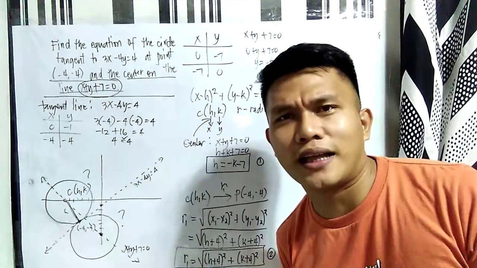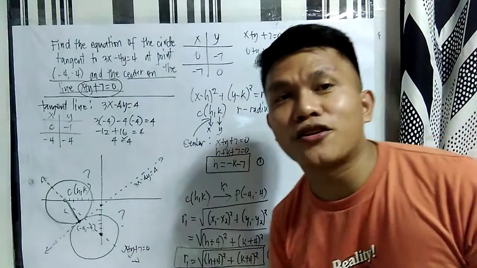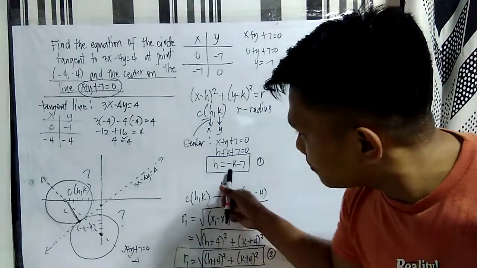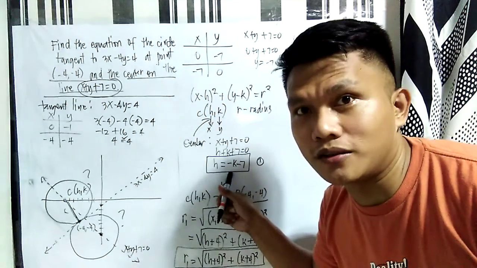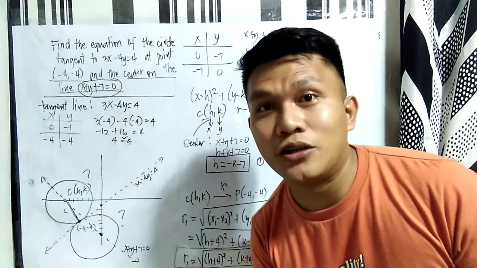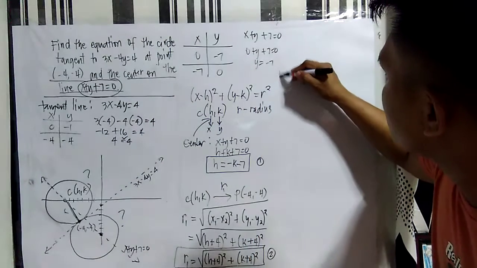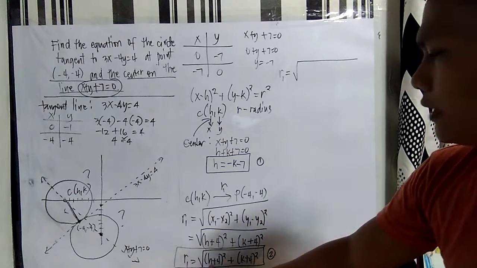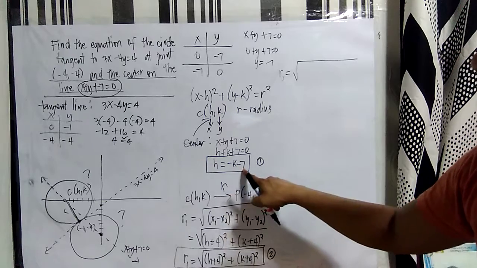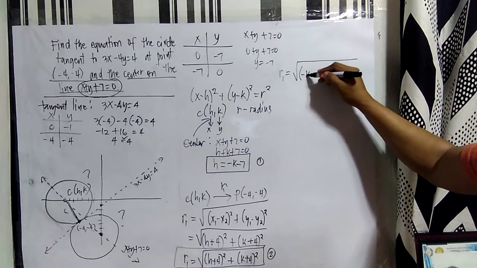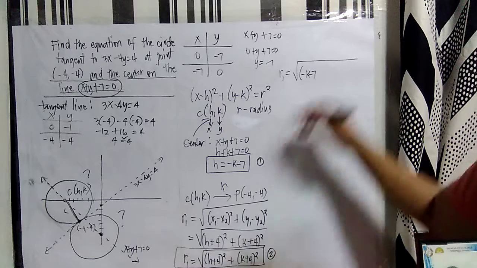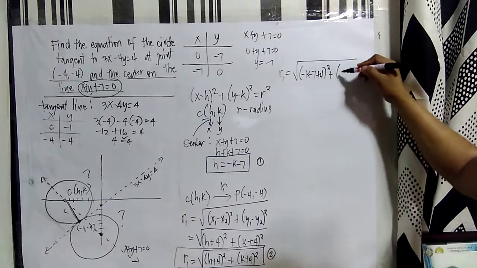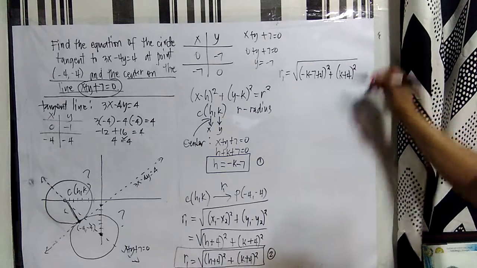Actually, yung second equation natin, we can make it in terms of k only. Bakit? Kasi meron tayong value ng h sa ating first equation. So gawin natin para mas madali yung ating pagsisolve. Okay, so r sub 1 is equal to the square root of, ang ating h ay negative k minus 7. So that is negative k minus 7 plus 4 square, plus, meron tayong k plus 4 squared.